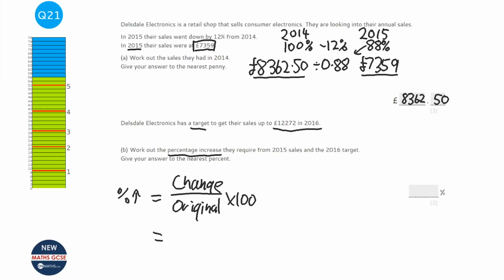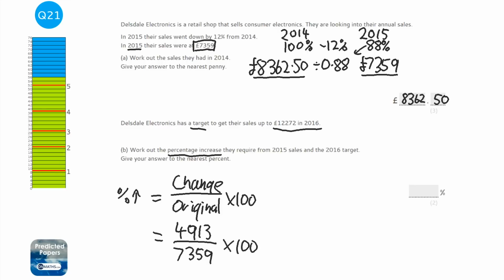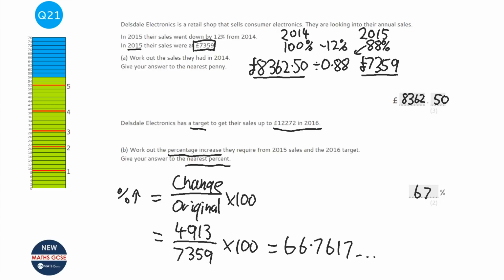So they're looking for it to change by 4,913. The original was 7,359, and we need to times by 100. So I'm going to divide that by 7359, times it by 100. And that gives me 66.7617, and so on. So to the nearest percent, that's going to be 67%.